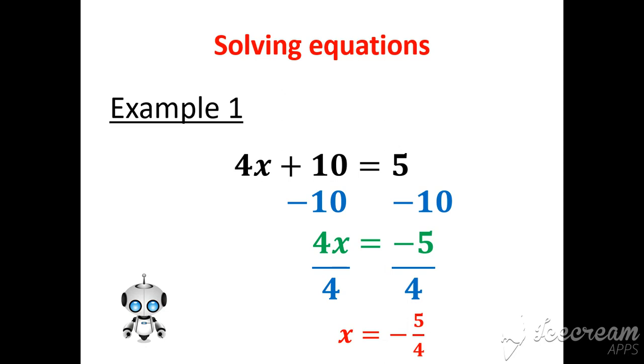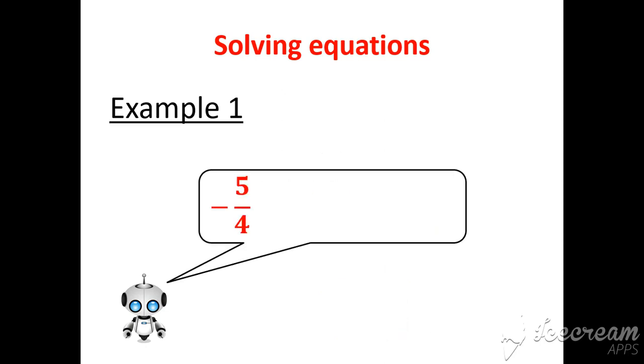Now, when you write down an answer like this, I'm happy for you to write down negative 5 over 4. That's a perfectly good answer. Some of you have identified it as an improper fraction, top heavy, and therefore you may prefer to write it as negative 1 whole and 1 quarter. And some of you may grab your calculator and go 5 divide 4, and it would spit out the decimal negative 1.25.